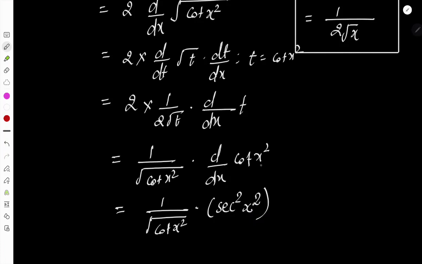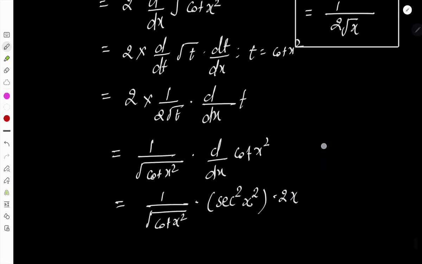If it were just x, then this would be the differentiation, no problem. But it is x square, which means you are going to apply the chain rule again. You will write d by dx of x square, whose derivative is 2x.